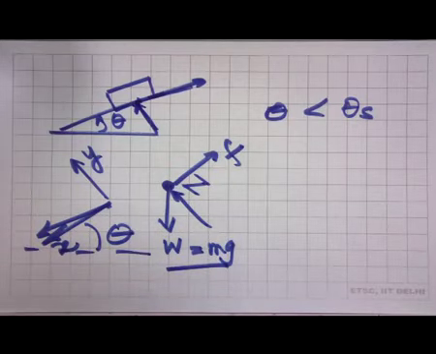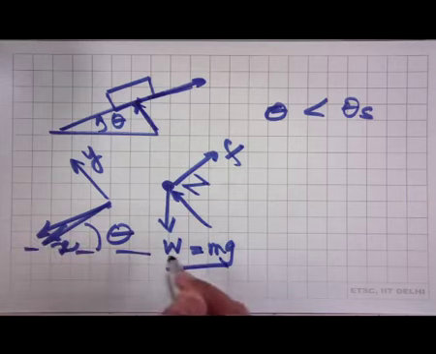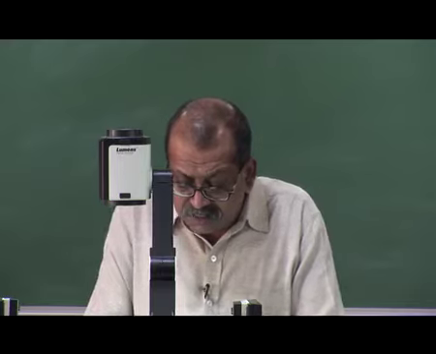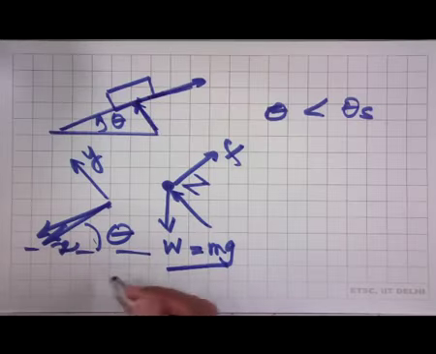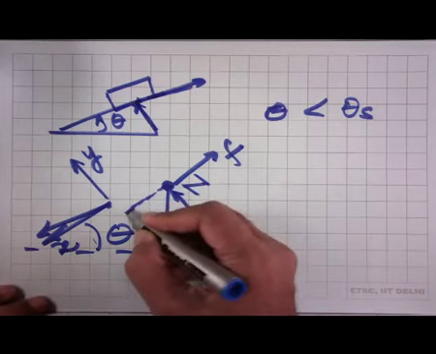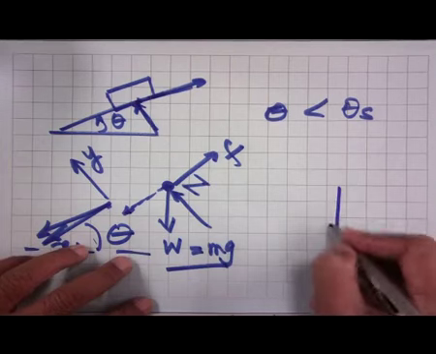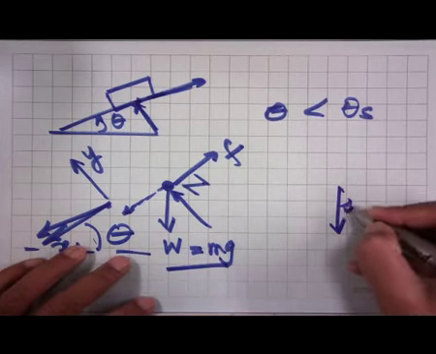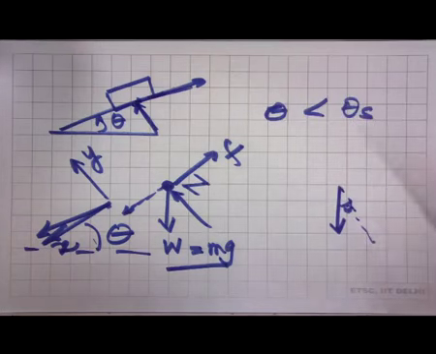Now, in this particular case, and we should learn this very fast, if the incline is at an angle theta with the horizontal, then W makes an angle theta with the y axis.